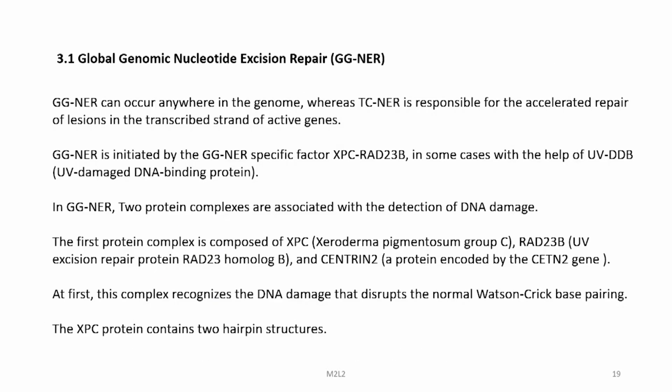As already told to you, the global genomic nucleotide excision repair can occur anywhere in the genome, whereas TCNER is responsible for the accelerated repair of lesions in the transcribed strand of active genes. GGNER is initiated by the GGNER specific factors XPC RAD23B, in some cases with the help of UV-DDB or UV damaged DNA binding protein.